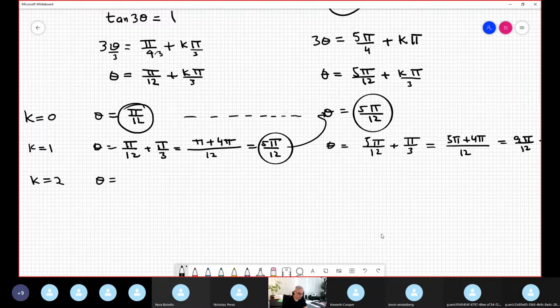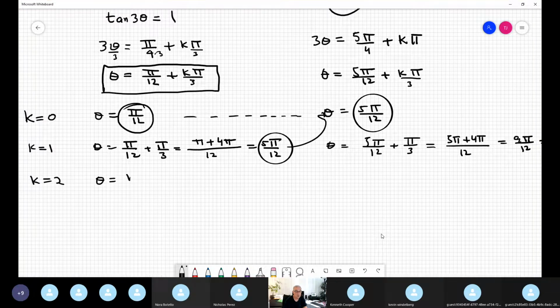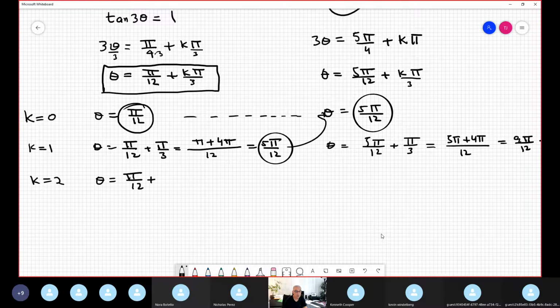For k equal 2, in this equation, theta is pi over 12 plus 2 pi over 3. The LCD is 12, so pi plus 8 pi. Wow, 9 pi over 12. It's a coincidence. Look, it does not always happen, but in this example it happens.